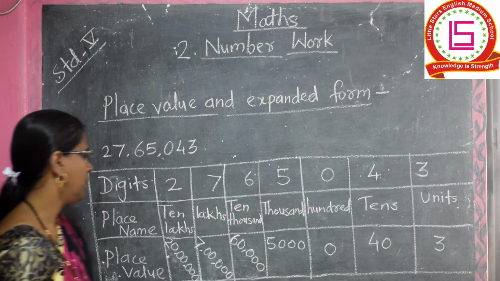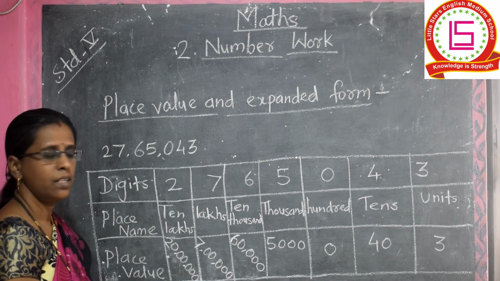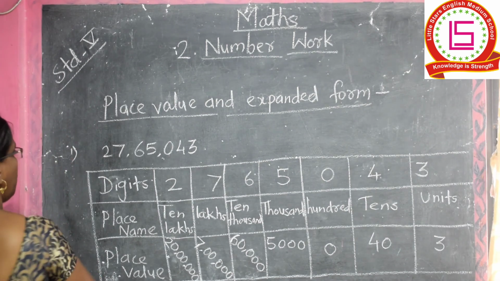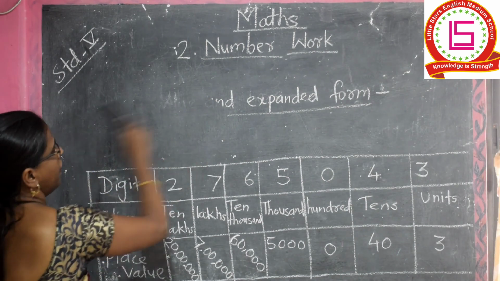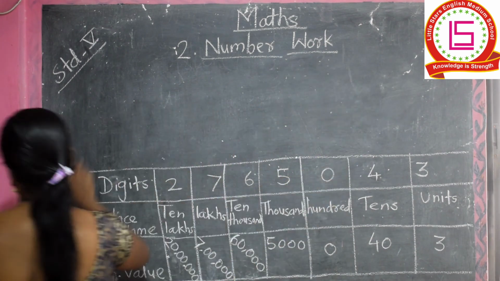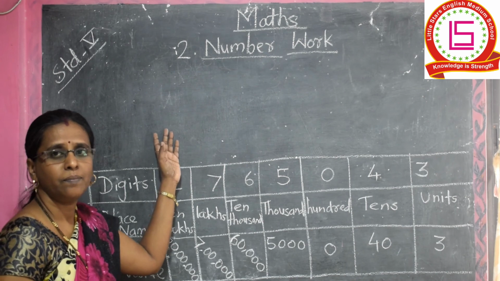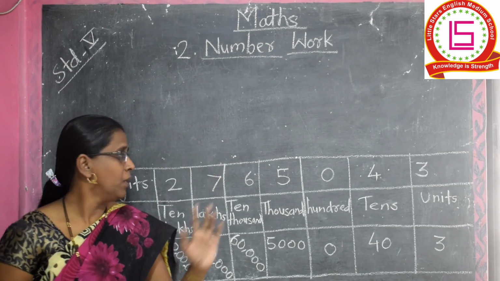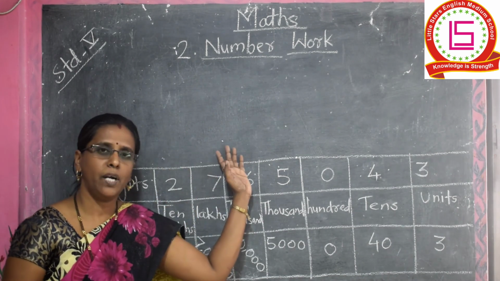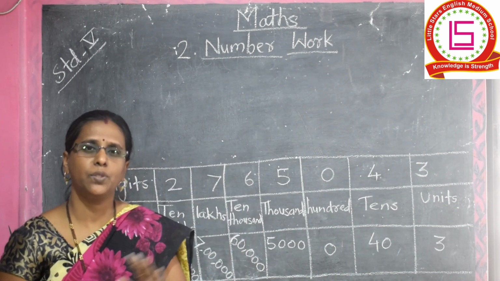See here, you write like this. Then see how to write expanded form of this number. Thank you. See here, remaining part of this lesson I will teach you in the last lecture.